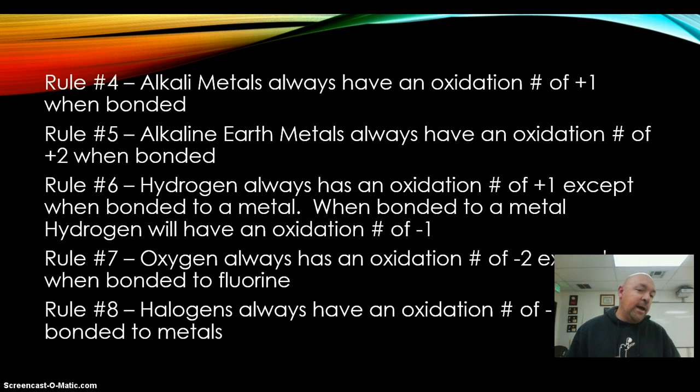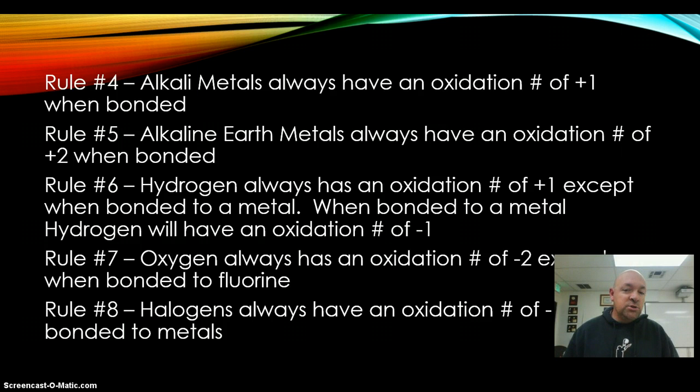Now, what about if you had a halogen and it wasn't an ionic bond and it's a covalent bond? In that situation, do the halogens have an oxidation number of -1? Sometimes. It depends, and what it depends on there is the electronegativity.